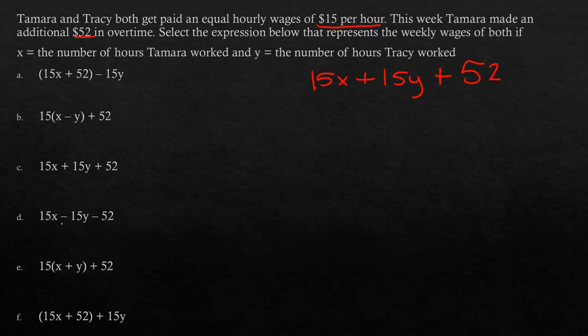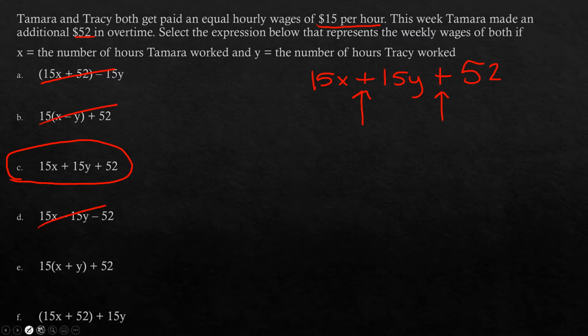If I look at all of my answer choices, here is one that looks exactly like the expression I wrote. For the rest of them, I need to distribute and see if I get the same thing. Notice that I have all plus signs in this expression, which means that if I change a plus sign to a minus sign, those are not the same. So this one here with that minus sign, not going to work. This second one here with that minus sign, not going to work.